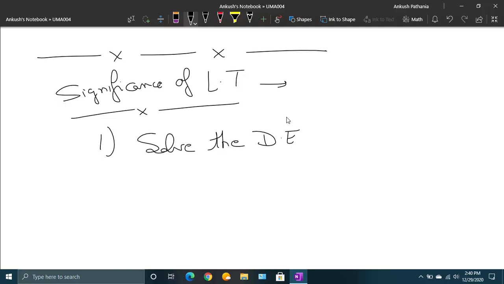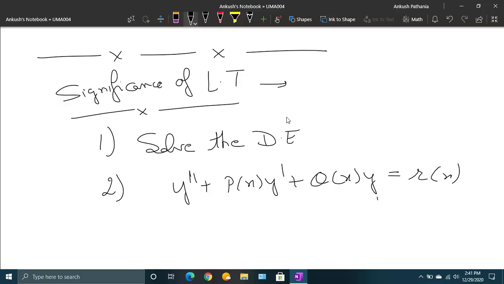However, in Laplace transform we are not going in that long and complicated way. It is very simple to solve initial value problems and boundary value problems using Laplace transform. Its importance especially comes into the picture when, since we have mostly done second order differential equations, you have this type of second order non-homogeneous differential equation.